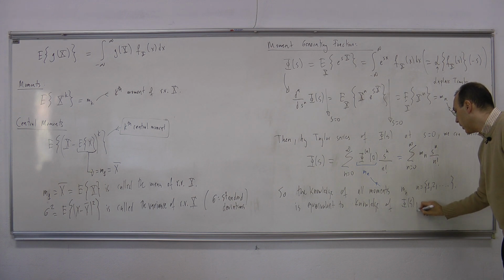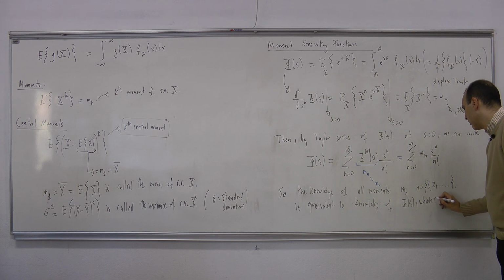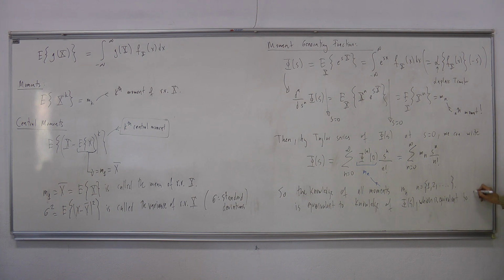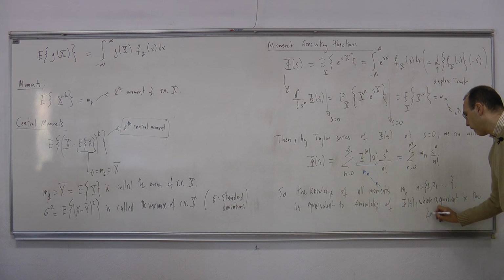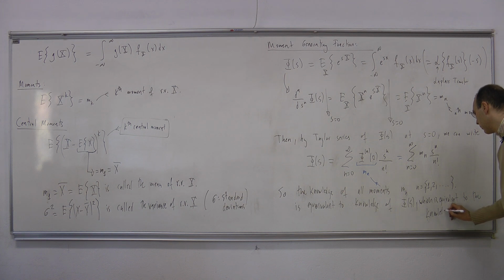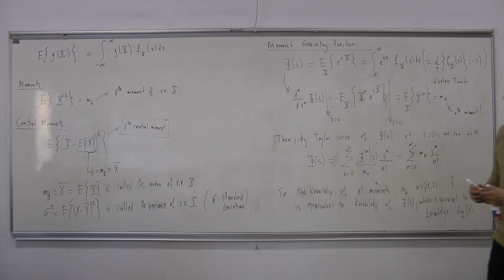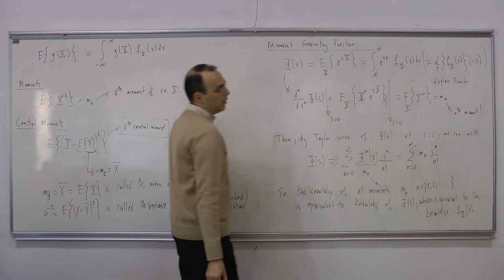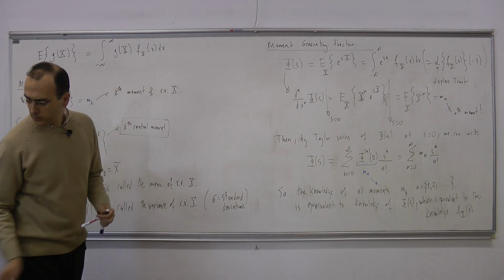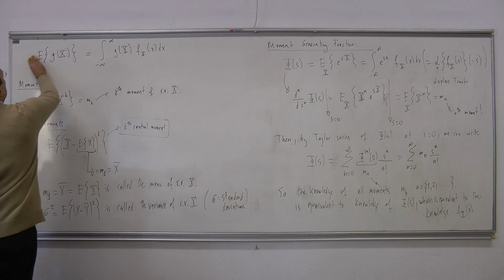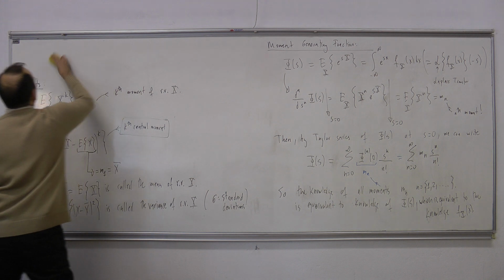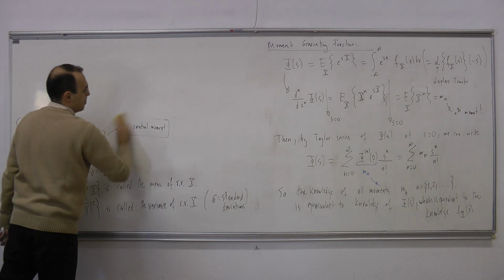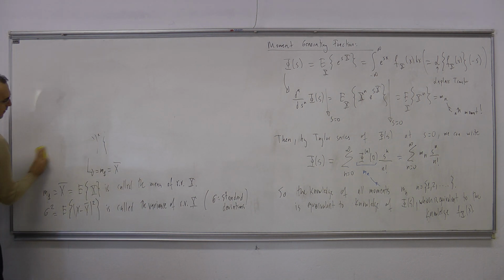So let me write this one more time, which is equivalent to the knowledge of the density. But the trick over here is you have to know infinitely many moments, okay? Otherwise I cannot calculate that infinite summation. So that is the case.